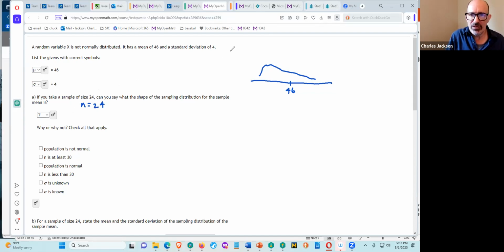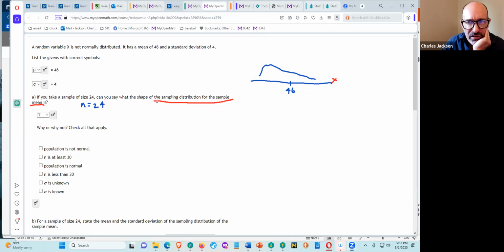So that's a formula already used in this little segment that you have to know and really memorize. The sampling distribution of the sample mean. Okay. So the X variable looks like this, but sample size 24.